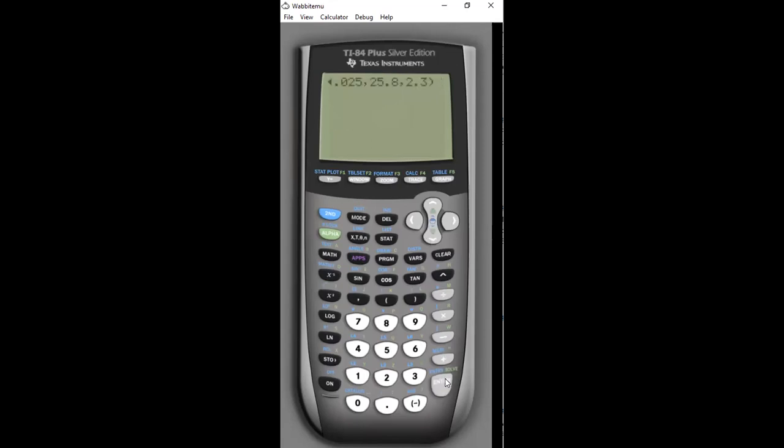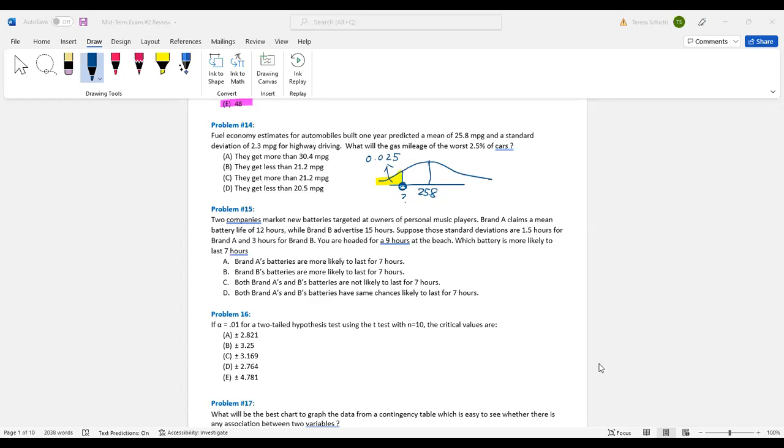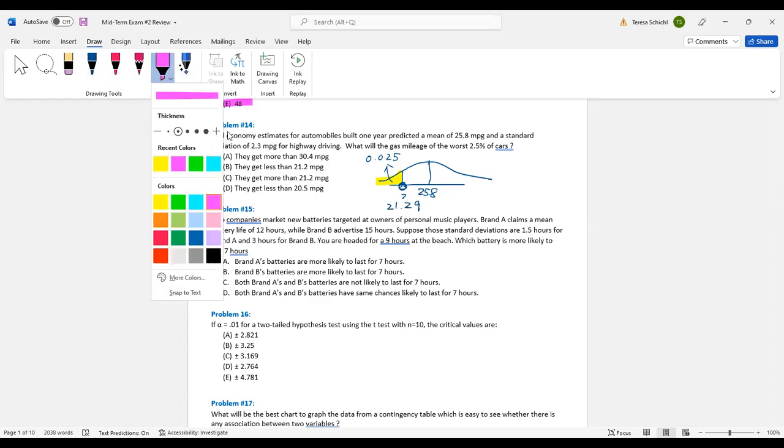Okay, now let's see what we have here. So I have 21.29. Okay, now let's go back to our test here. So what is our solution here?